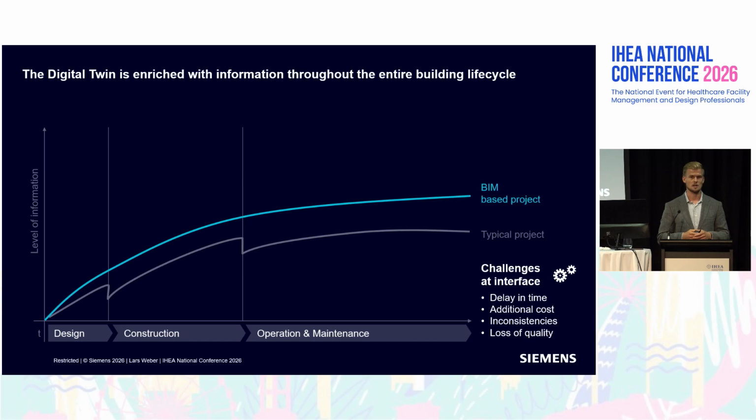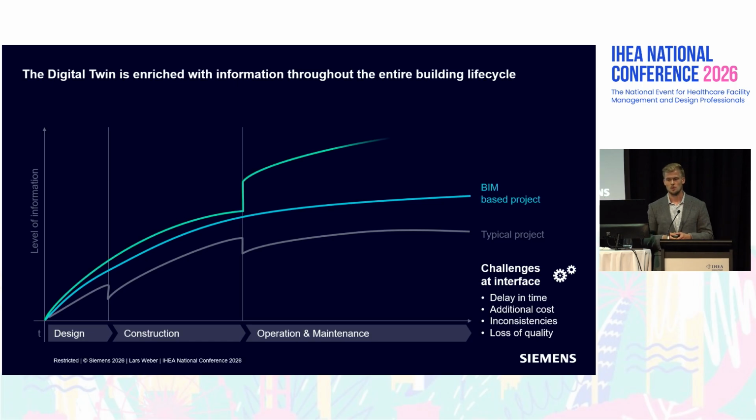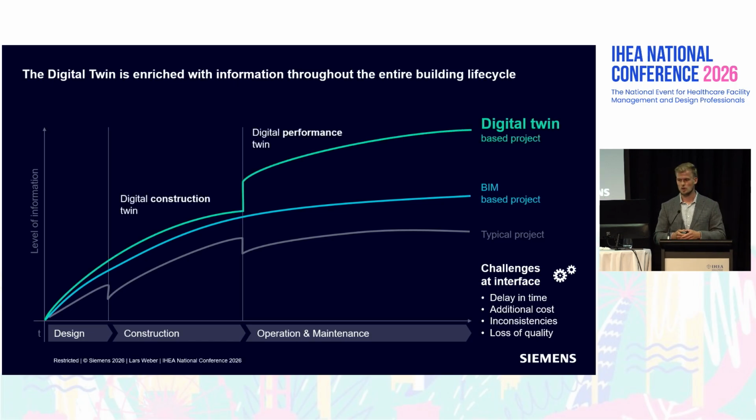This is something that has been happening in the industry for some time, and most modern projects would use BIM. But what we're doing with a digital twin, with an operational twin, is trying to enrich the information. So we're making the twin even more intelligent. We're making the information more available to everyone in the building.